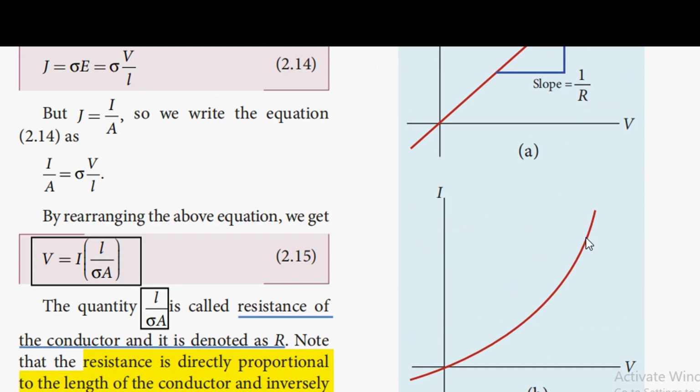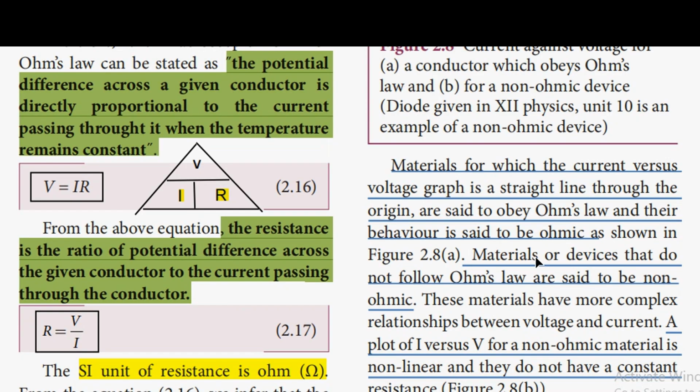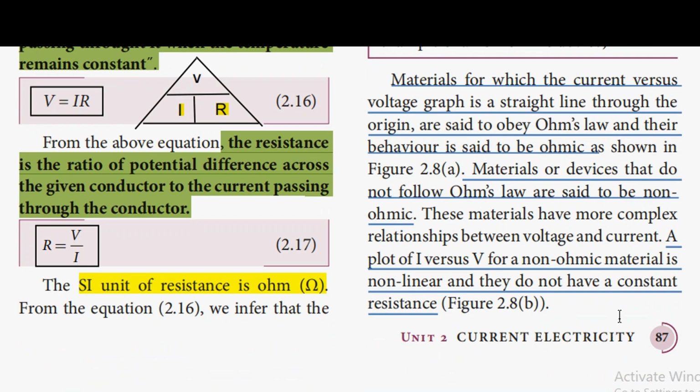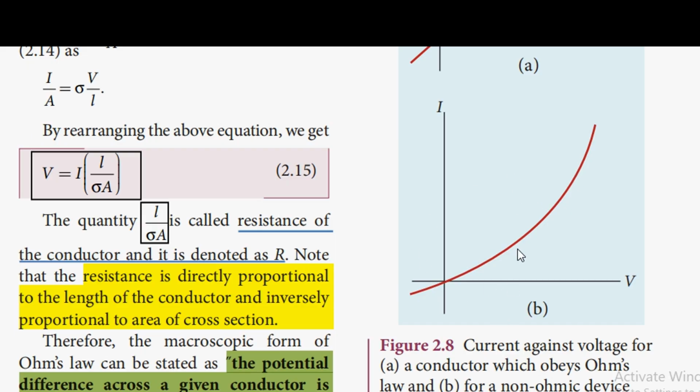That is shown in this diagram A. Similarly, the devices that do not follow Ohm's law are said to be non-ohmic, and these materials have more complex relationships between voltage and current. The plot of current I versus voltage V for a non-ohmic material is non-linear, and they do not have a constant resistance. That's given in this diagram B.